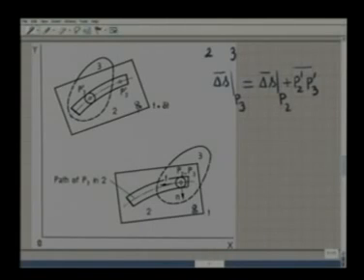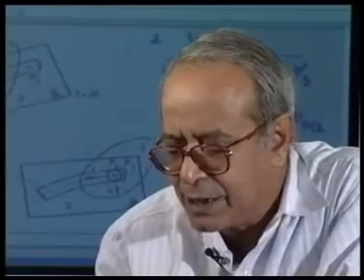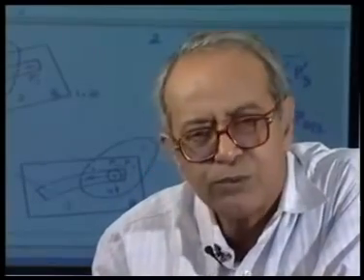So this P2 prime P3 prime is the displacement of the point P3 as seen by an observer sitting or attached to body 2. This is the notation we use, delta P3 stroke 2, which means the displacement of the point P3 as seen by an observer attached to body 2.